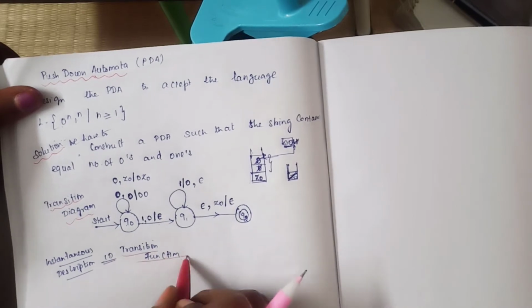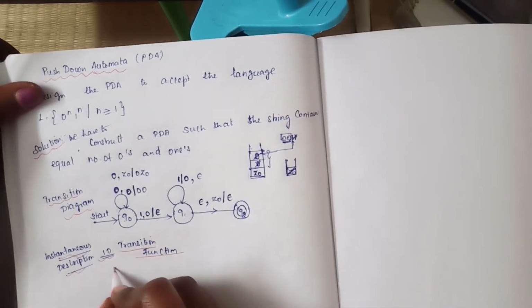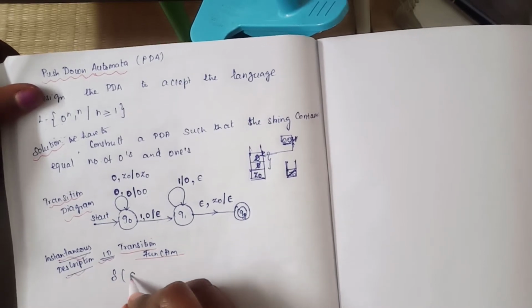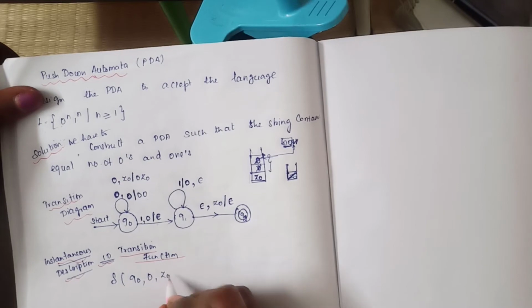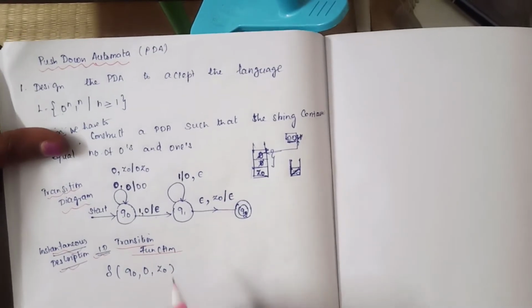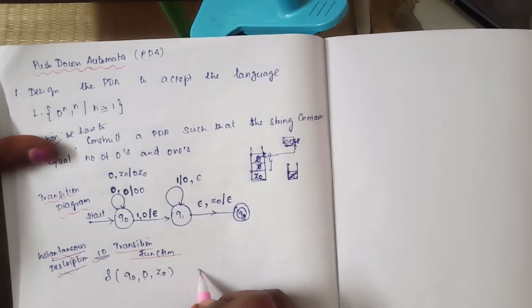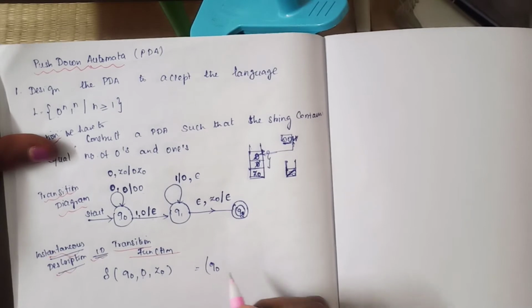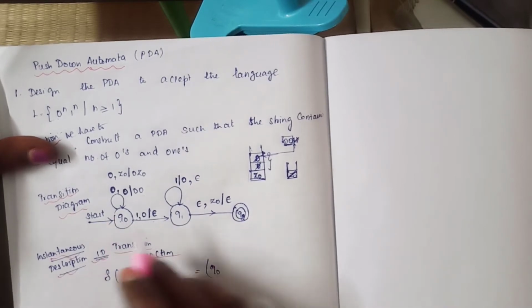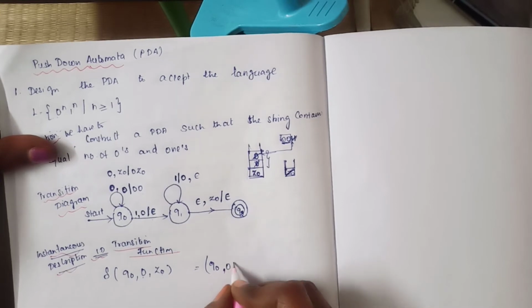So the transition function tells you: delta of q0 comma 0 and Z0. Whenever you are giving an input of 0 and the top of the stack is Z0, you will stay in the same state, and you will have 0 Z0.